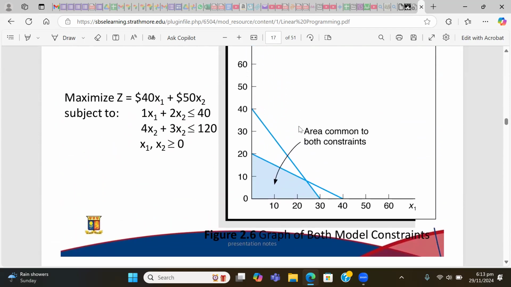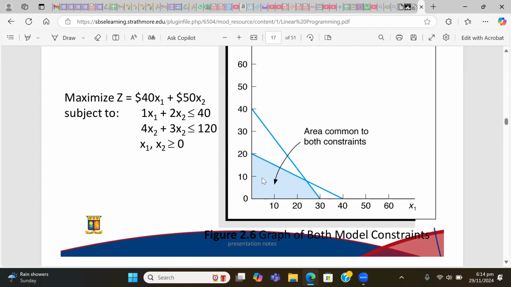As well, x1 greater than 0 is actually the y-axis, or the x2 axis, and x2 greater than 0 is the x-axis, or the x1 axis in this case. And this is the region that satisfies all the inequalities, this light blue region here, what they call the feasibility region, right?